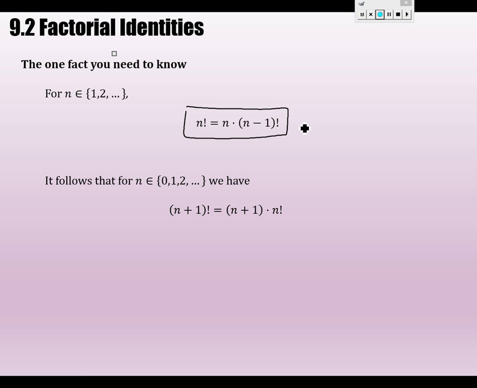It also might be helpful to see that you can rewrite this as n times n minus 1 times n minus 2 factorial. In some sense, the factorial operates like an et cetera. Isn't the definition of n factorial n times n minus 1 times n minus 2 times n minus 3, and so on?